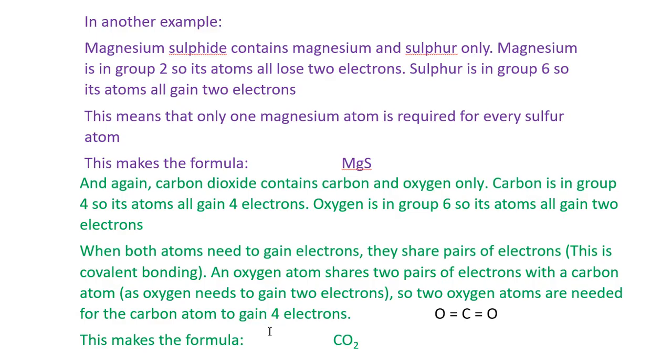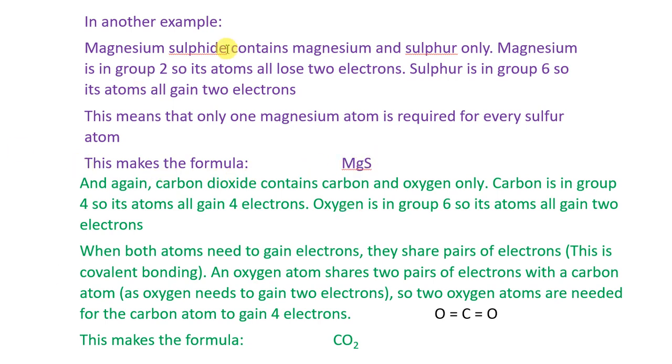Another example, magnesium sulfide, contains magnesium and sulfur only. Magnesium is in group 2, so its atoms all lose 2 electrons. Sulfur is in group 6, so its atoms all gain 2 electrons to get a full shell of 8. Only 1 magnesium atom is required for every sulfur, giving me the formula MgS.